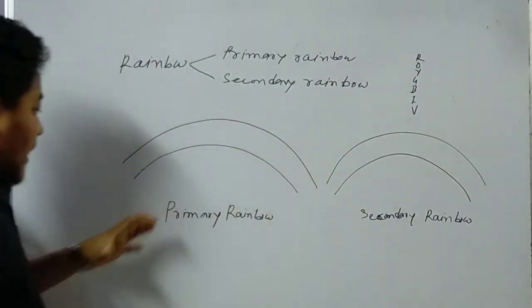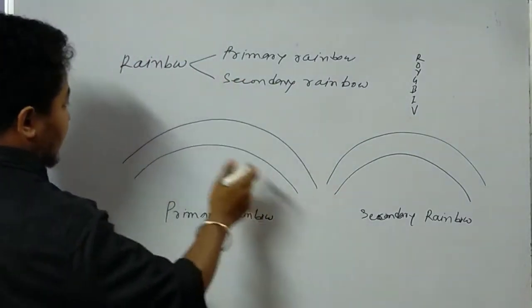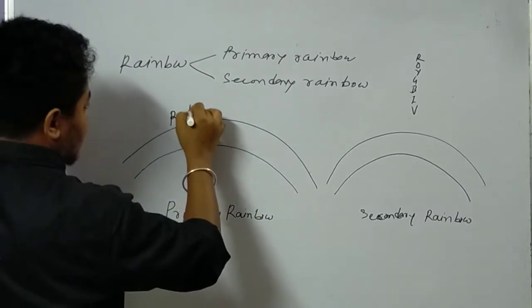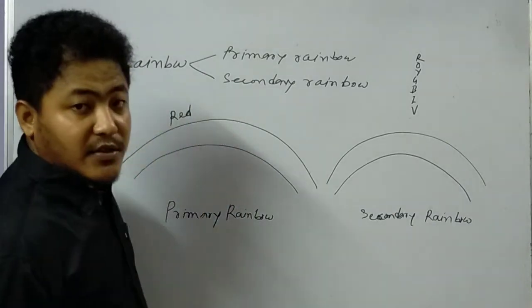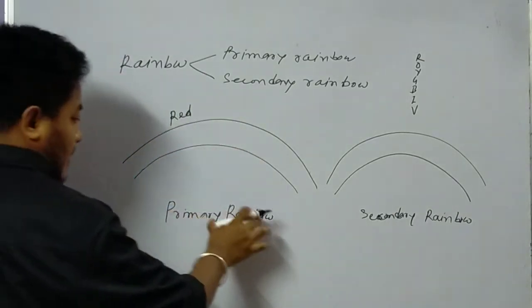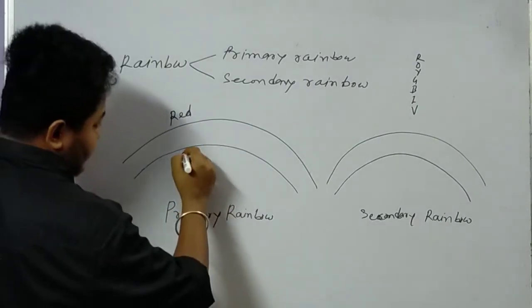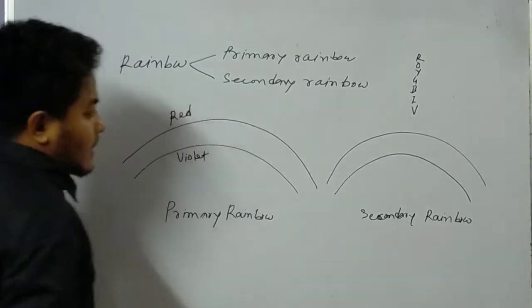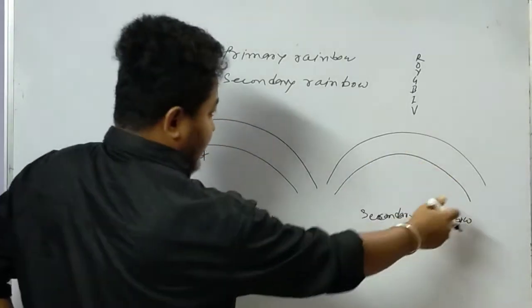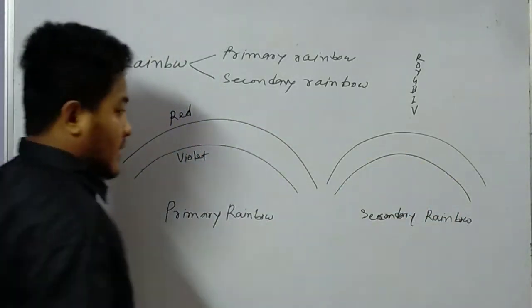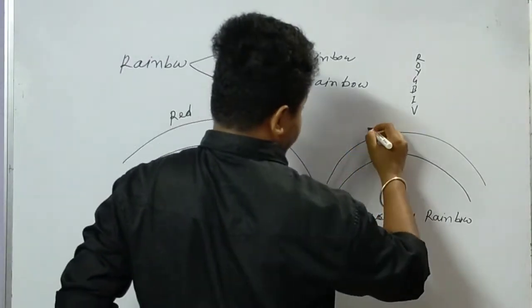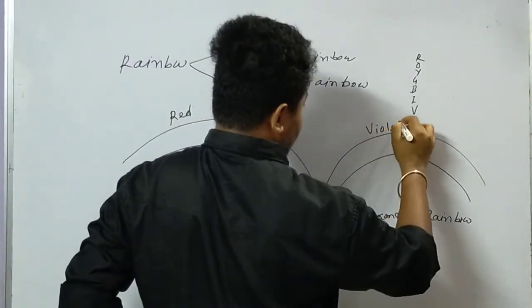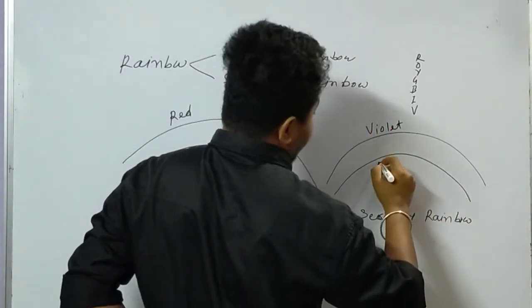So in the primary rainbow, the upper color will be red and the lower color will be violet. But in the secondary rainbow, it will be opposite: the upper color will be violet, while the lower color will be red.